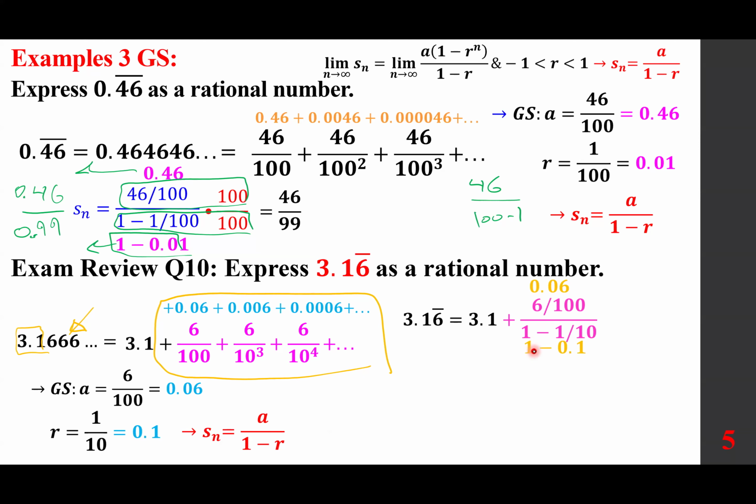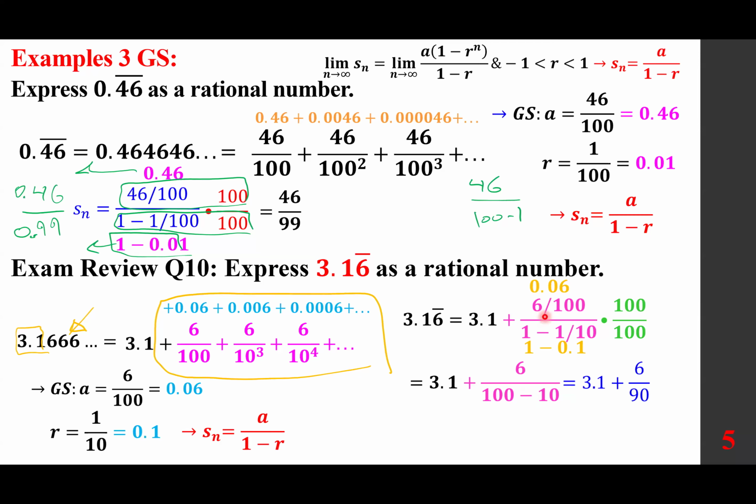So if you are dealing with a complex fraction, how do you take it to a simple fraction? You multiply the top and the bottom by 100. So this one remains. When you multiply these two, you get 6. When you multiply these two, you get 100 minus 10. And 6 over 100 minus 10 means 6 over 90.